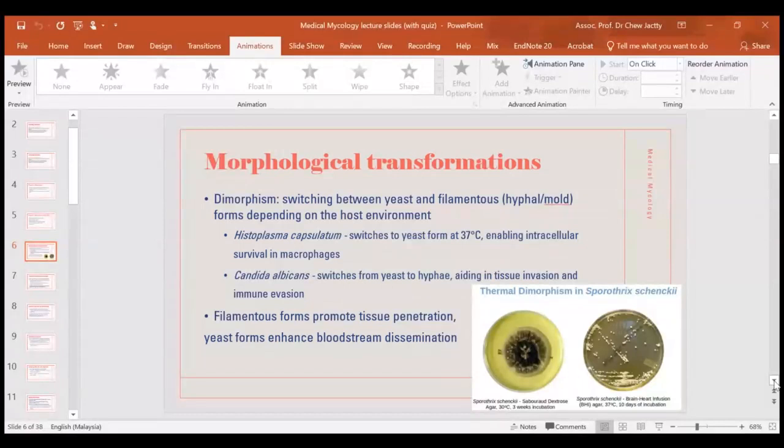Depending on the growth form and the media that is used, you can see the mold formation in the image on the left, but yeast formation more on the brain heart infusion agar at 30 degrees Celsius.